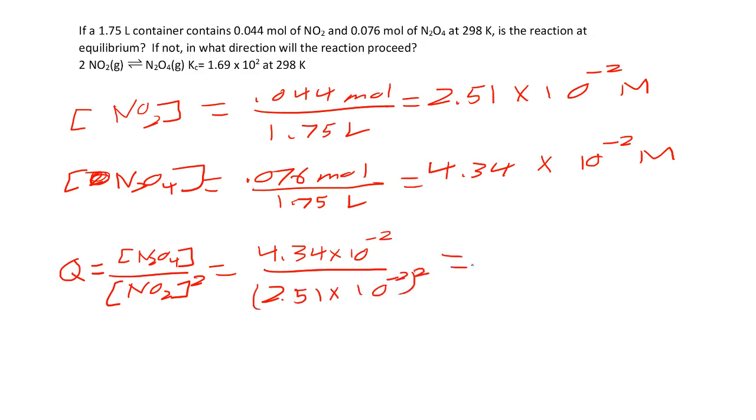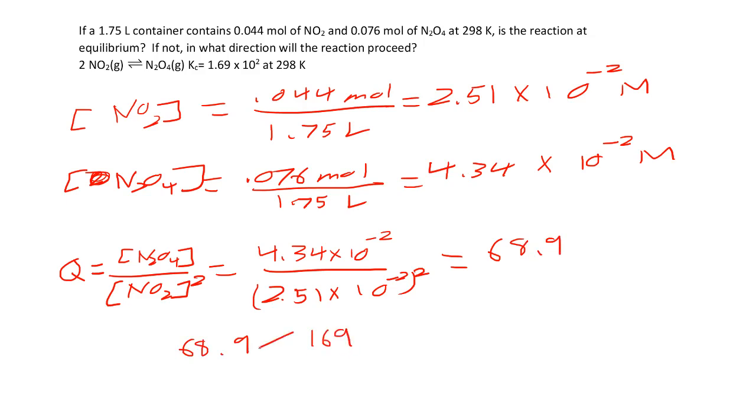We plug all this in, and we're going to get a value of 68.9. So we want to compare Q to K. So we have 68.9, and then 1.69 times 10 to the second is just a way of saying 169.